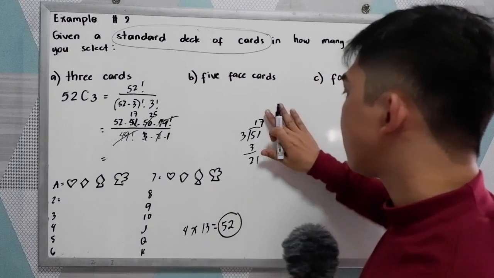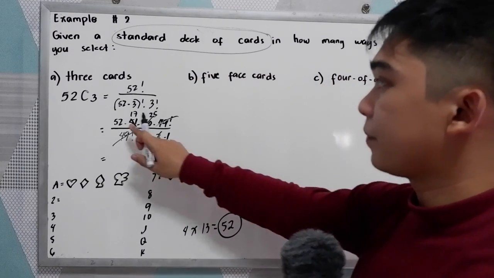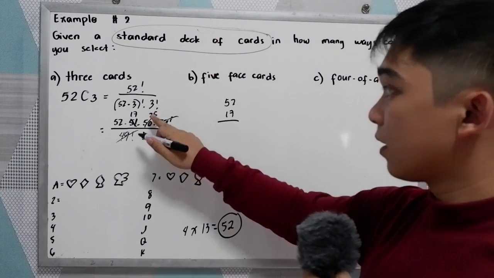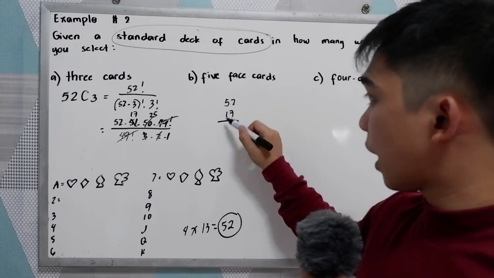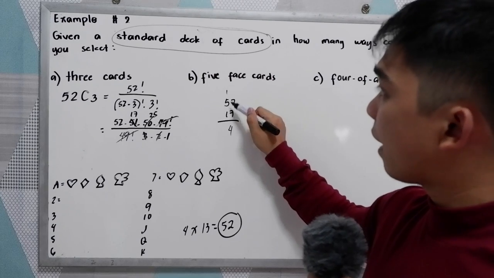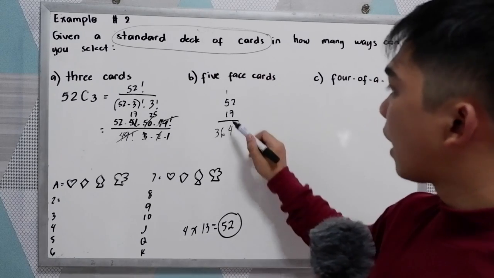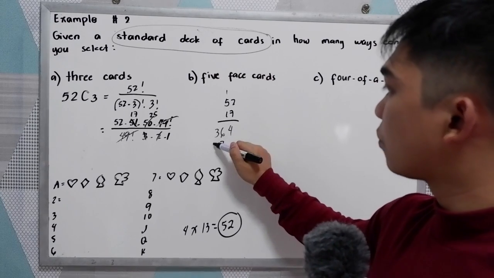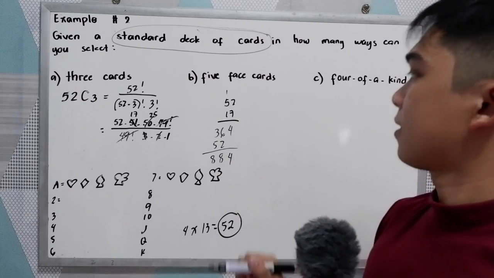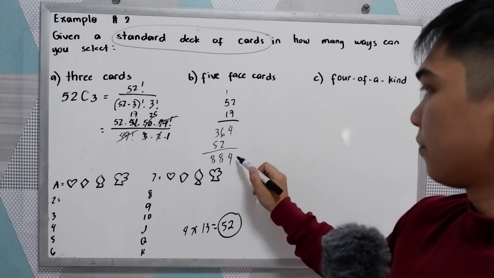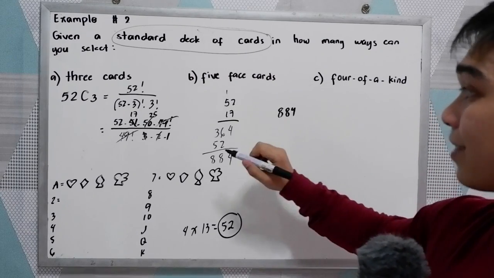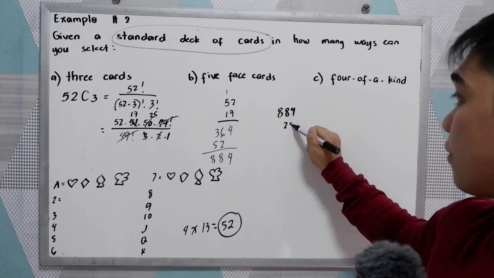To get the final answer, just multiply 52 times 17 times 25. So let's start with 52 times 17. So 14, carry 1, 35, 36. Now we have 2 and 5. So 4, 8, 8. So check. Now 884 times 25.